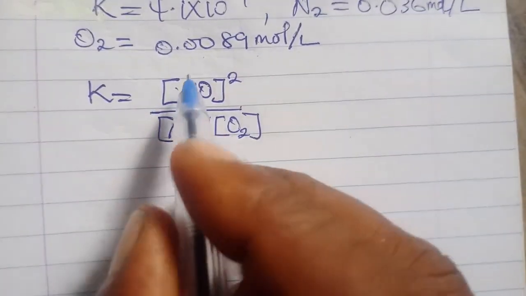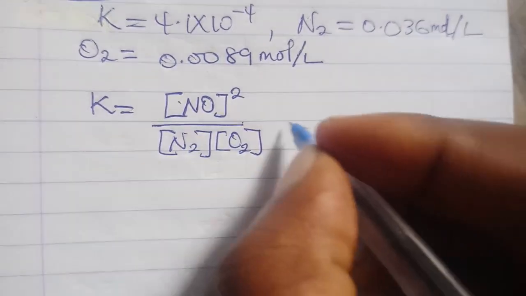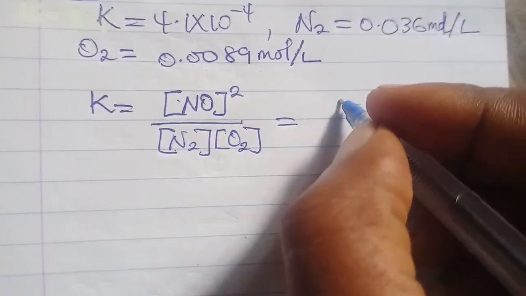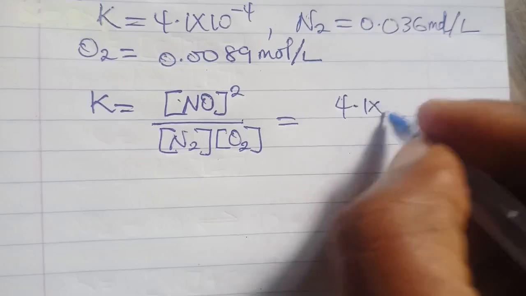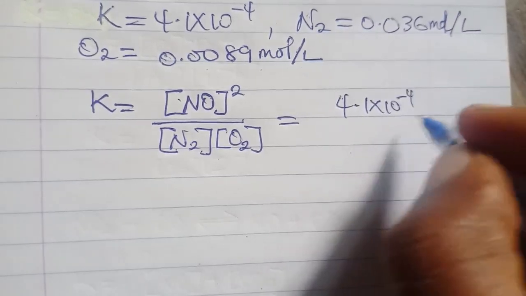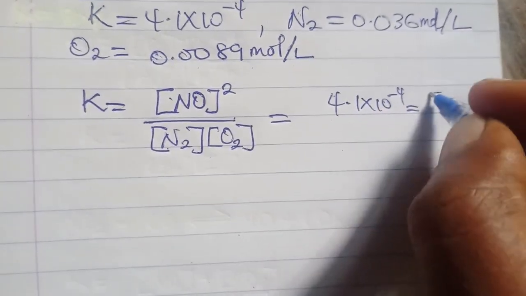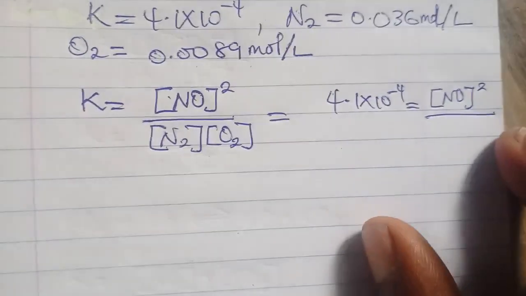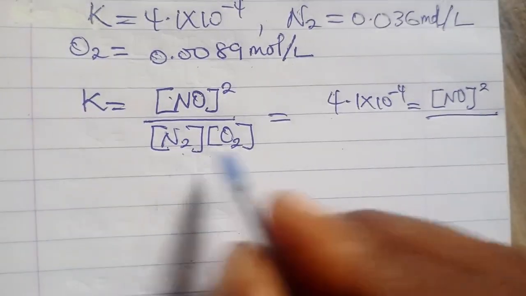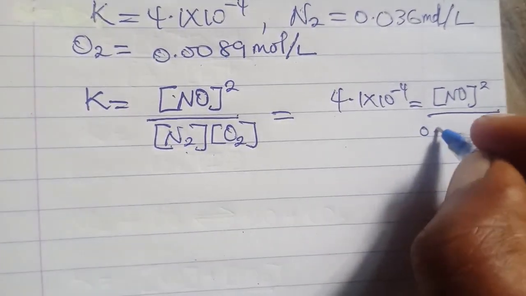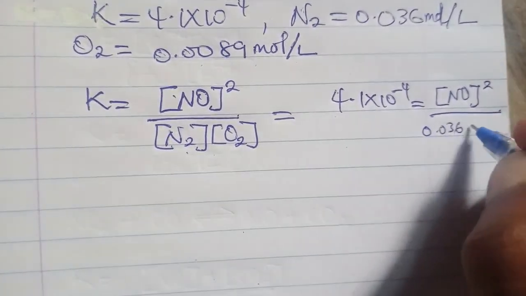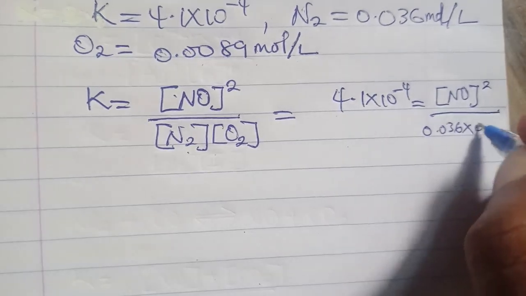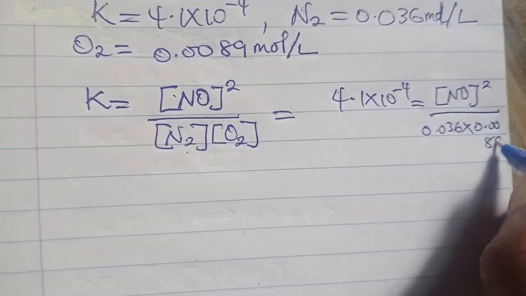Let's fix these values into here. K is 4.1 times 10 raised to the power minus 4 equal to the concentration of NO squared over that of these two, which is 0.036 times 0.0089.